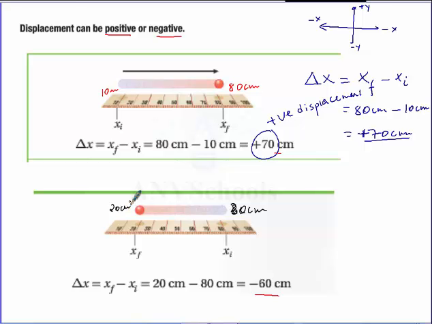So the displacement is given by the final position minus the initial position. The final or destination point is 20 centimeters minus the initial position of 80 centimeters, and we are subtracting a big number from a small number, so we get minus 60 centimeters. This minus shows that the object is moving backward, or to the left side.